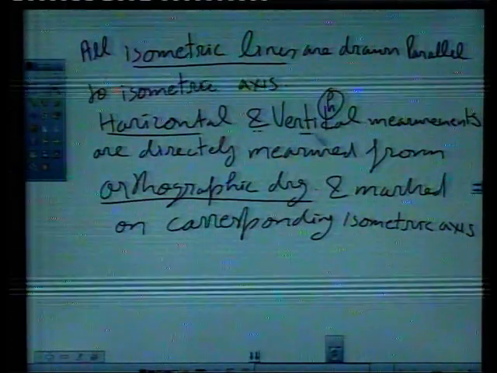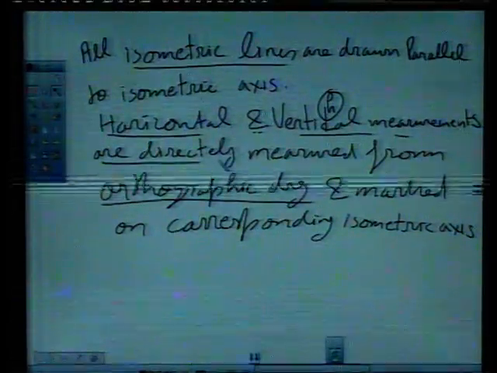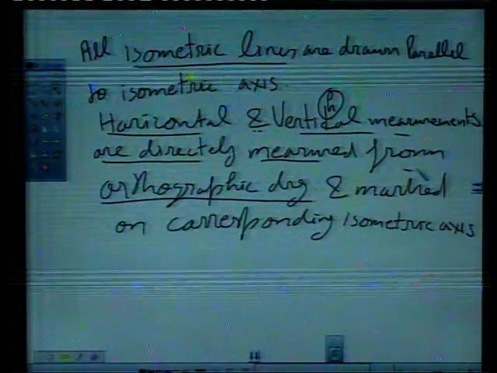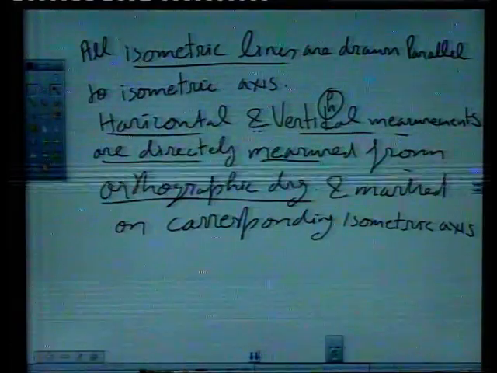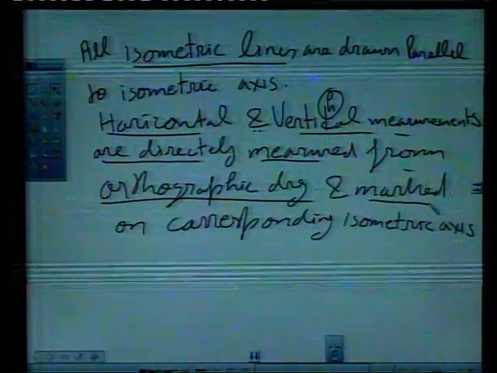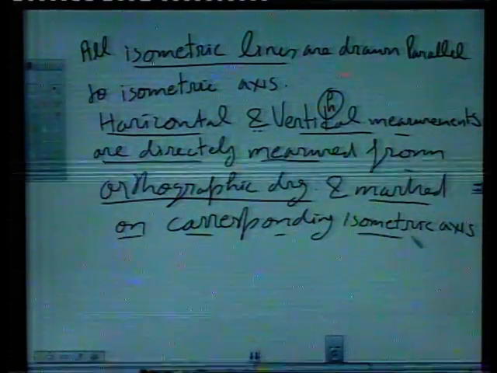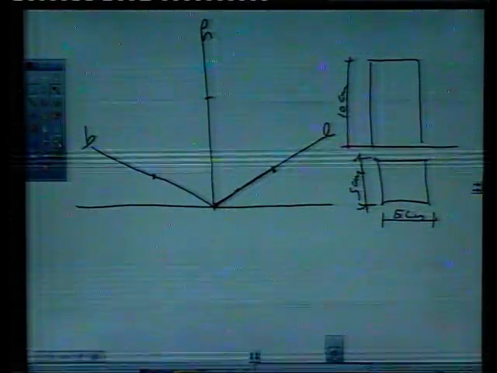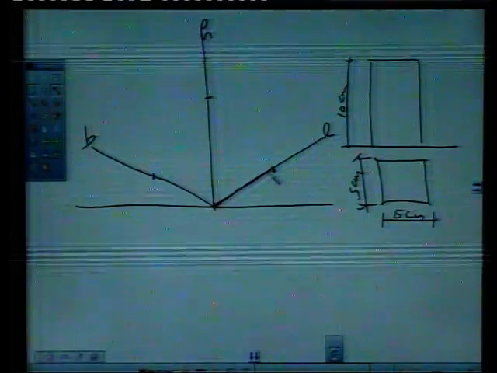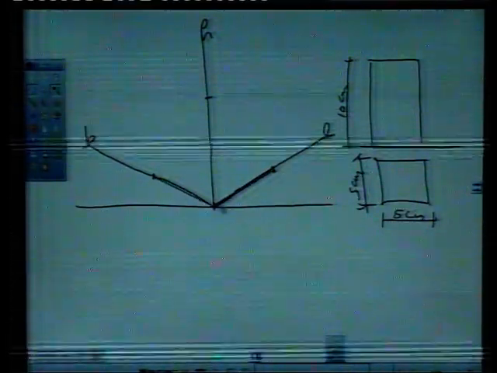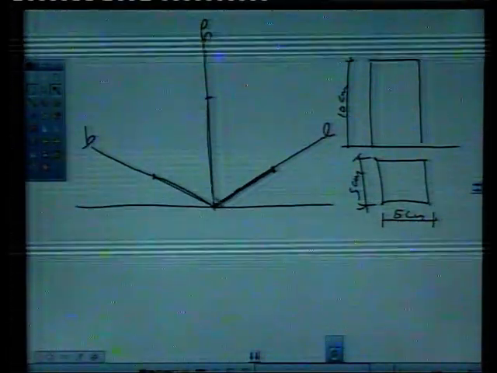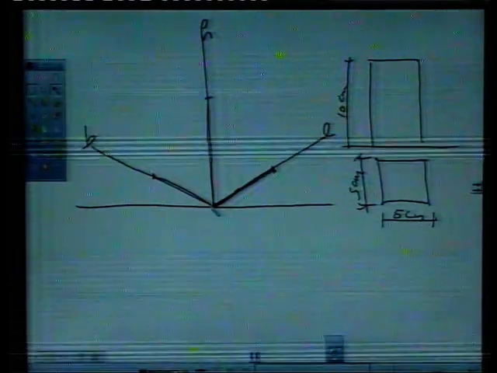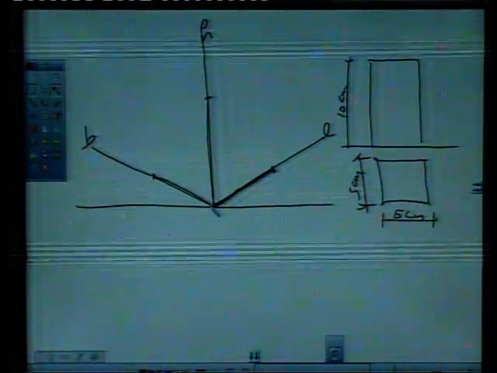Horizontal and vertical measurements are directly measured from the orthographic drawing and marked on the corresponding isometric axis.